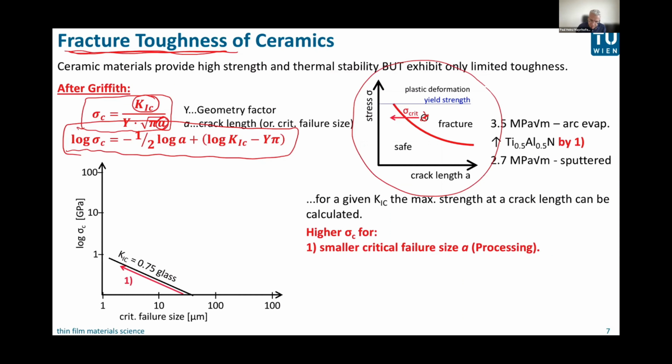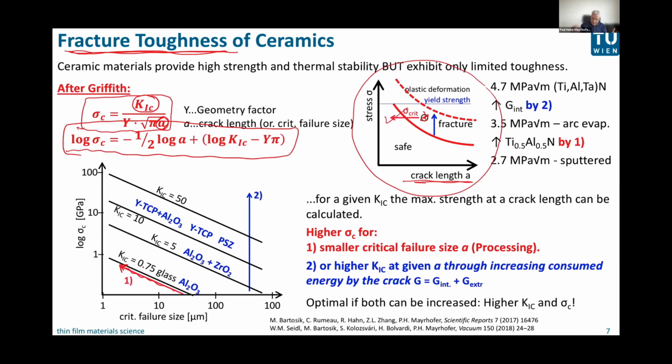So the first thing, we could decrease the process parameter, like if we would have a pore size or something. If we decrease that, then we can increase by that the sigma C, right? And then we end up in a safe mode, which is good. That's the first thing that we can alter.